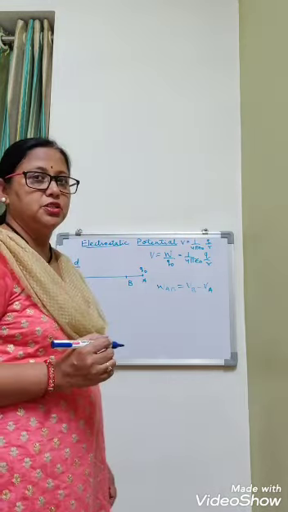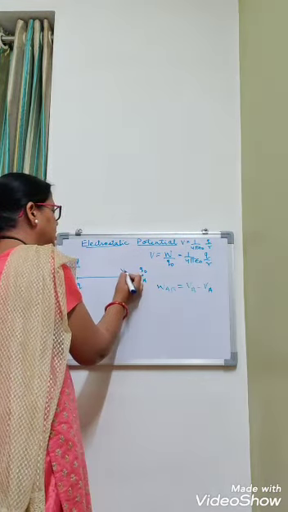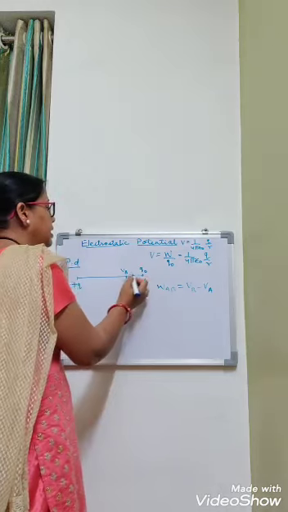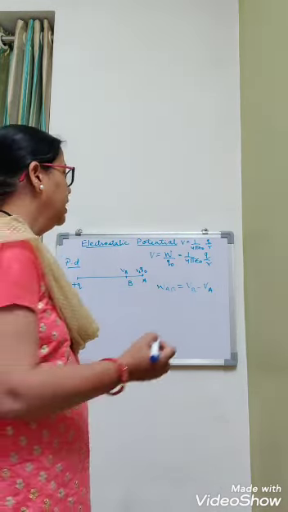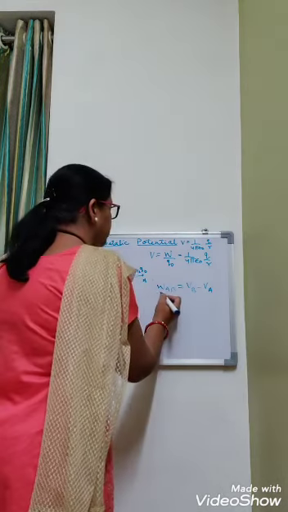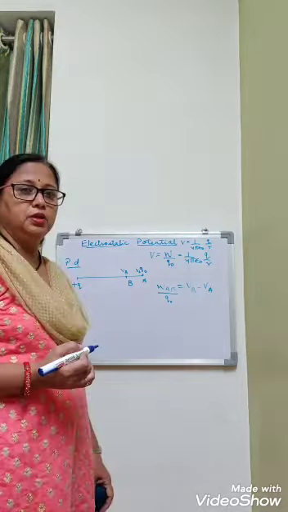This is the potential difference. VB minus VA, because here VB is closer, and here it is VA. So difference of potential we can take and find out the work done per unit charge. So WAB upon Q naught.